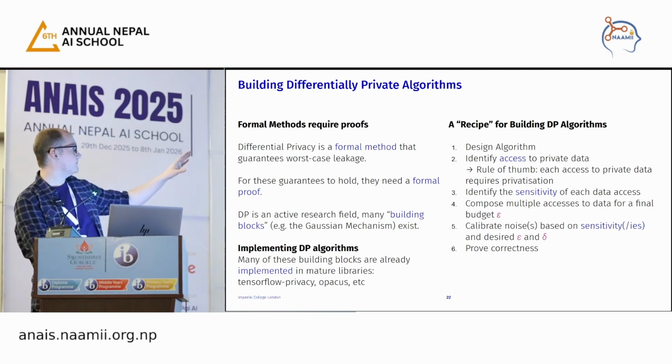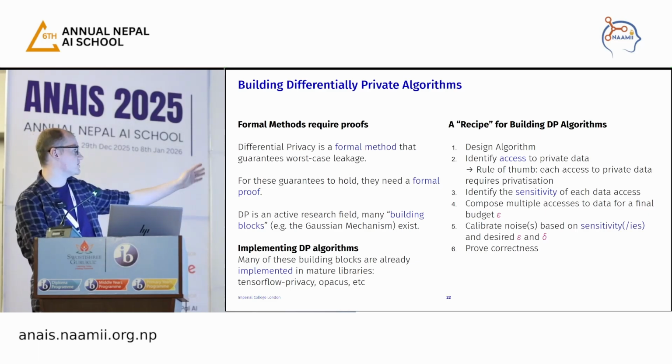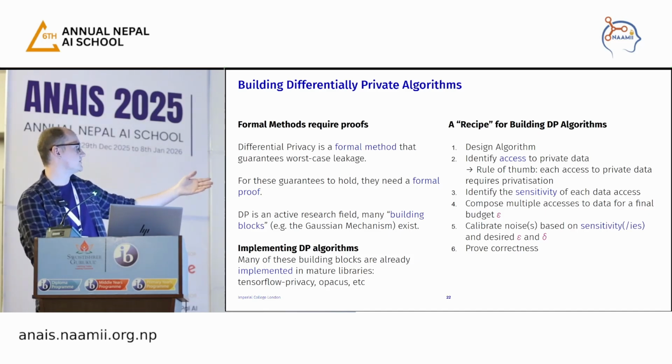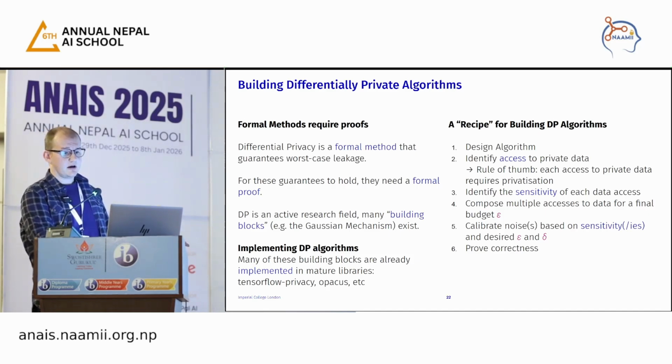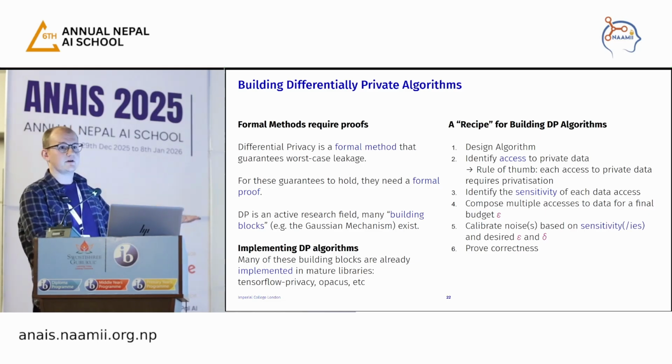So the way you build a differentially private algorithm, on a very high level, is you come up with an algorithm that you want to privatize. You identify all the points where you access potentially private data. And again, as a rule of thumb, each access of the private data requires privatization. You identify the sensitivity of each of these data accesses, for example, is it a count, is it a sum, or any other function, you need to come up with the sensitivity of that function.